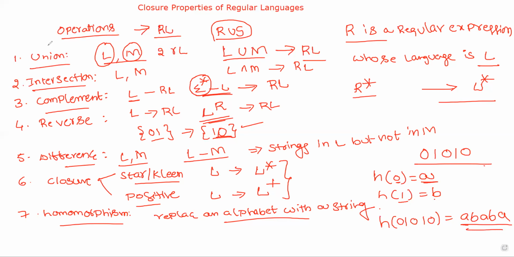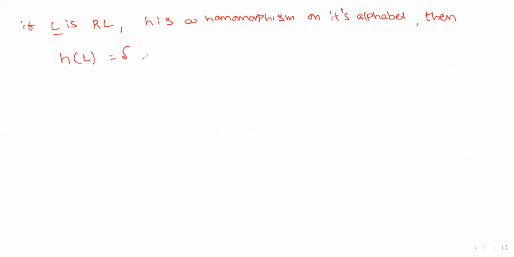Clearly, I will explain what it means. If L is a regular language and h is a homomorphism on its alphabet, then h of L is equal to h of w such that w is in L. What is the meaning of this? w is a string present in L. On each and every string, we are performing the homomorphism.